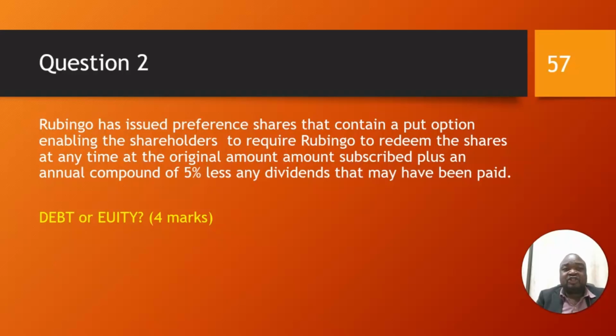Ruvingo has issued preference shares that contain a put option, enabling the shareholders to require Ruvingo to redeem the shares at any time at the original amount subscribed plus an annual compound of 5% less any dividends that may have been paid. All right. So this is the case. The examiner wants to know if this is debt or equity. Advise him. So like I said, 4 marks.